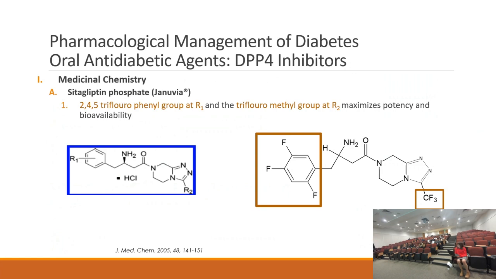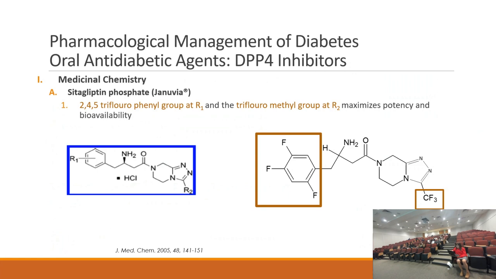We've got sitagliptin, which was the first drug I remember coming out in this category. We have the pharmacophoric structure of our DPP-4 inhibitors here: 2 substitution points, one at R1 and one at R2. And they are both very important for the effects of the drug.